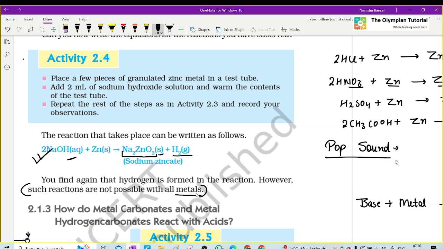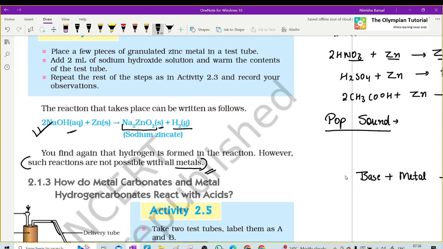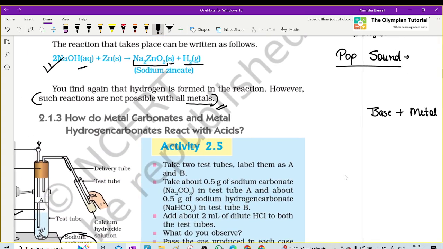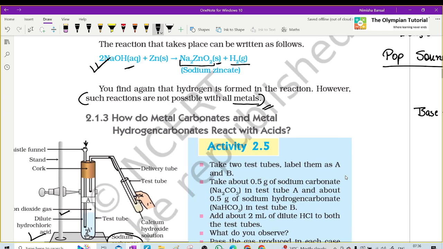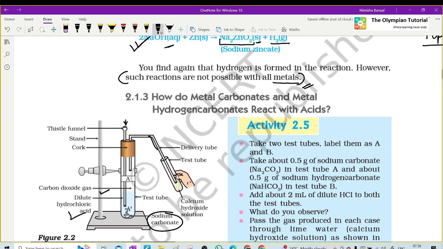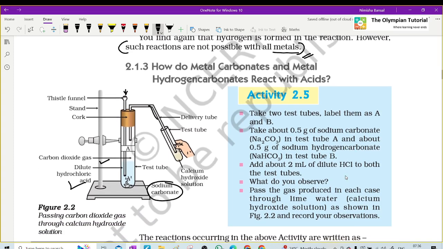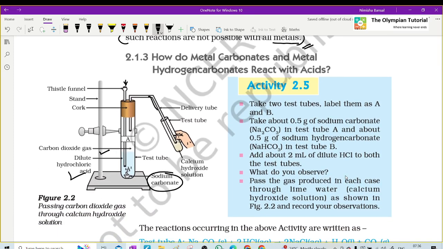Okay. So Thanya, you have completely got this topic till here. Next, how do metal carbonates and metal hydrogen carbonates react with acid? Can you tell me what are metal carbonates and what are metal hydrogen carbonates?